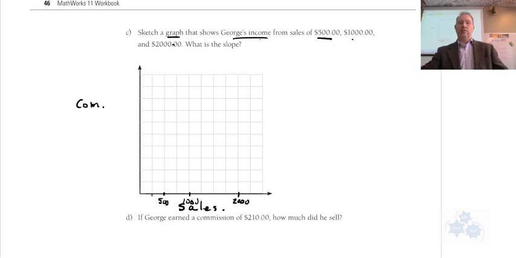So each square is 250, let's say. And the commission is going to be up here. You know what the commission is from last time: 60, 120, 240. So we can go 60 maybe here, and then this is going to be 120, and then 240 is going to be up here. And so each square here is going to be $30.